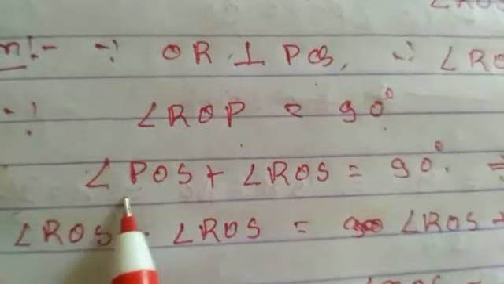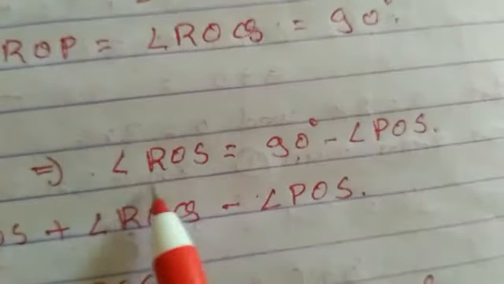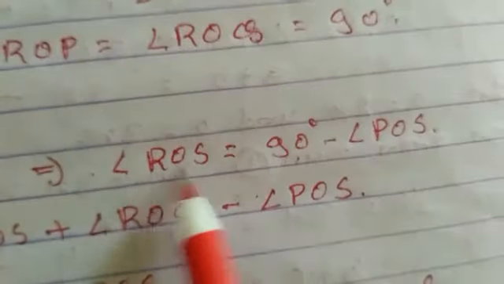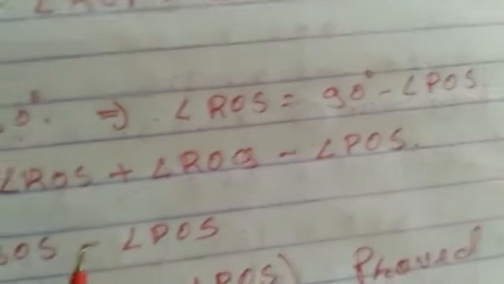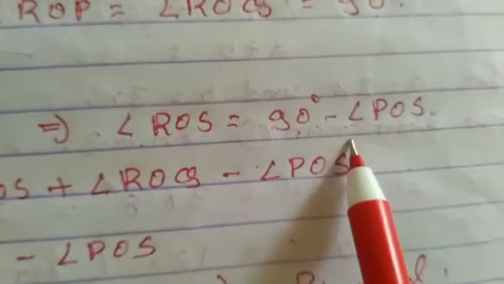So we can write angle POS plus angle ROS equals 90 degrees, because the sum of these two angles is equal to angle ROP. Now from here we can conclude angle ROS equals 90 degrees minus angle POS by transposition.